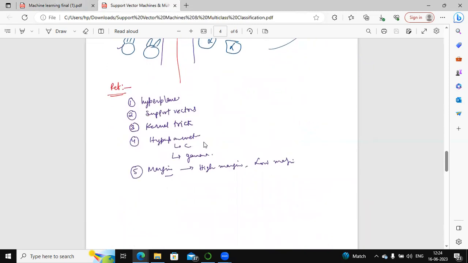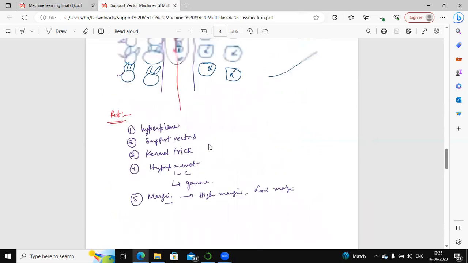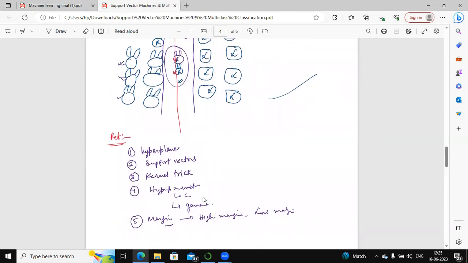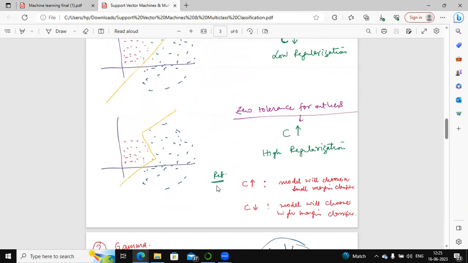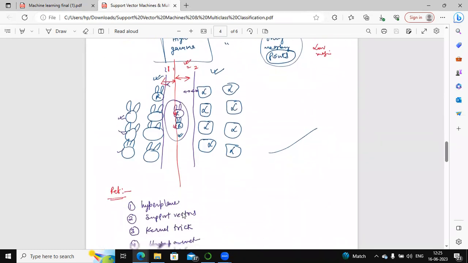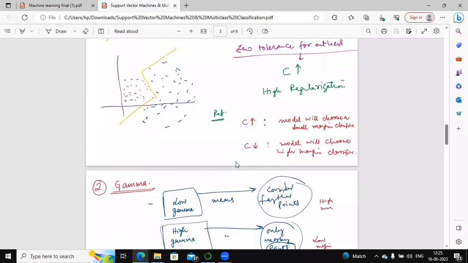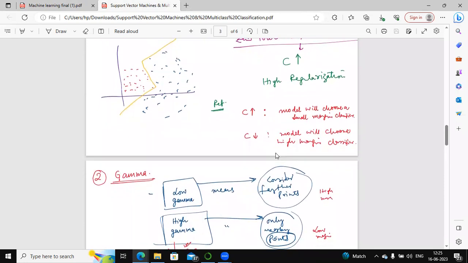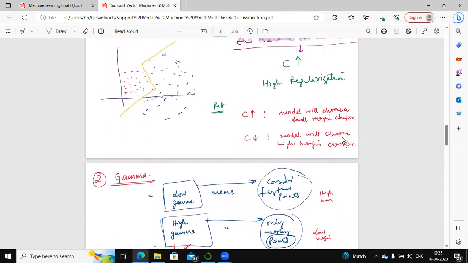So we have looked at the C hyperparameter. A high value of C means low margin, that is high regularization. A low C value means high margin, which is low regularization, so the model chooses high margin.